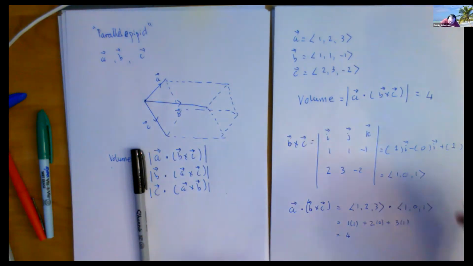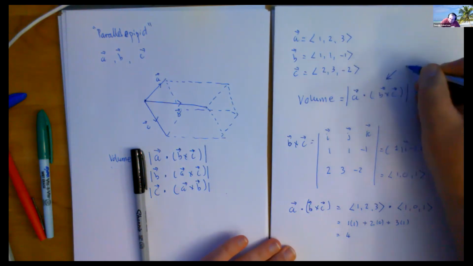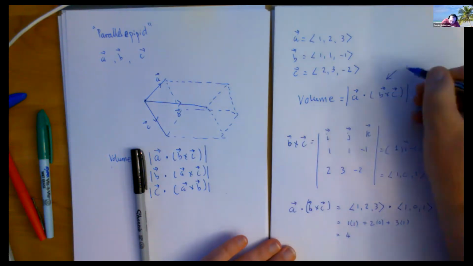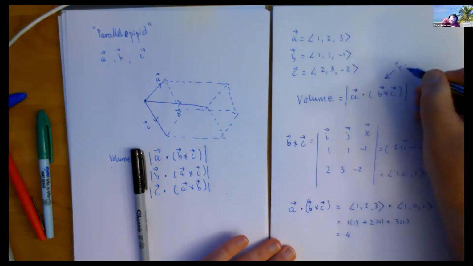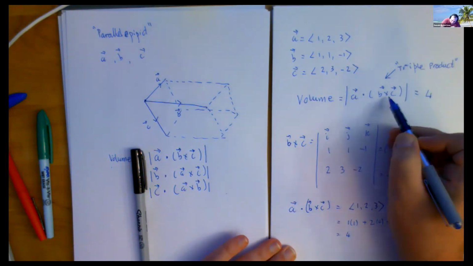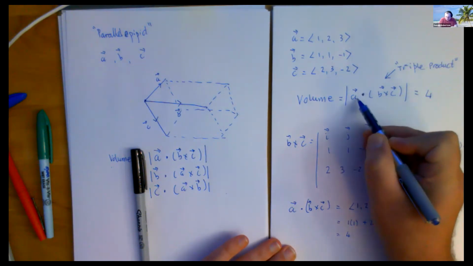There is a name given to this calculation. This calculation is called a triple product. Now it uses cross products, it uses dot products, and there's 3 of them.